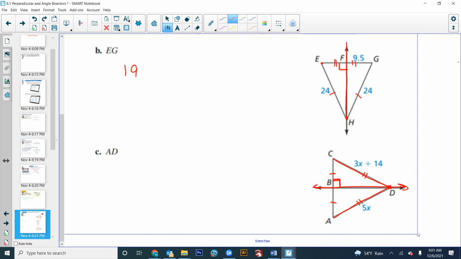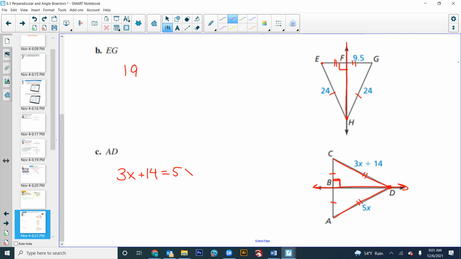So what did you do with those expressions? Set them to each other. Good. Got 7 for X and plug it in and get 35. And ask for AD. AD is 5 times 7, which is 35. I like it. You guys good with that?